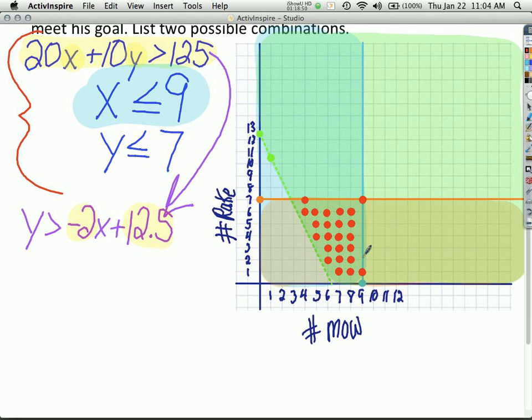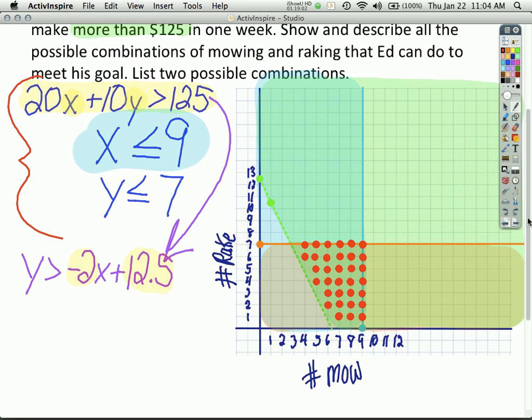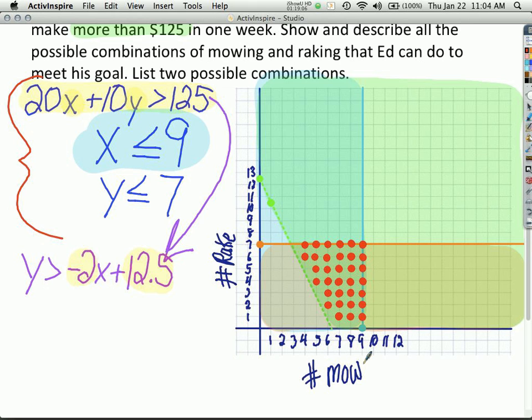Could be on this line because it's a solid line. Could be on this line because it's a solid line. Every single one of those points constitutes a combination. And so we're asked, lastly, to list 2 possible combinations. You can pick any 2 points that's in that region.